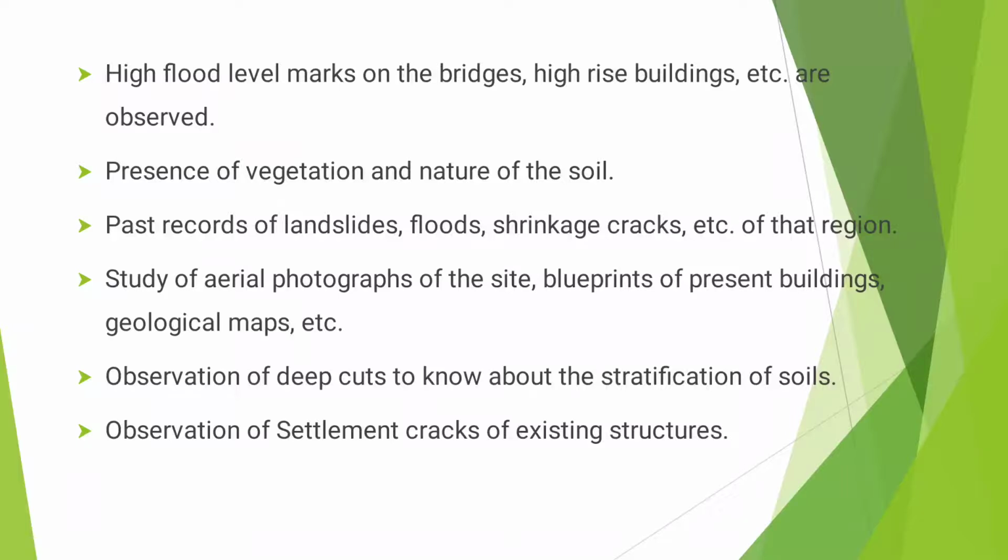Next, presence of vegetation and nature of soil. Next, past records of landslides, floods, shrinkage cracks, etc. in that region. Observation of deep cuts to know about the stratification of soil, or observation of settlement by noting cracks on existing structures. For conducting a recognize study, these are the normal observations we make.